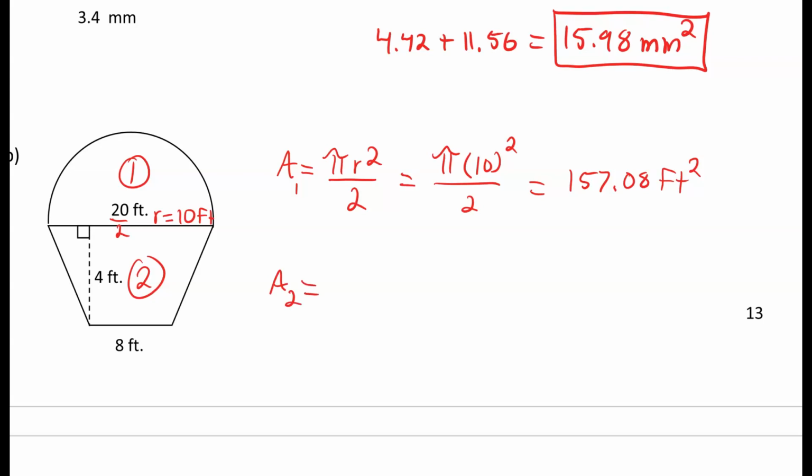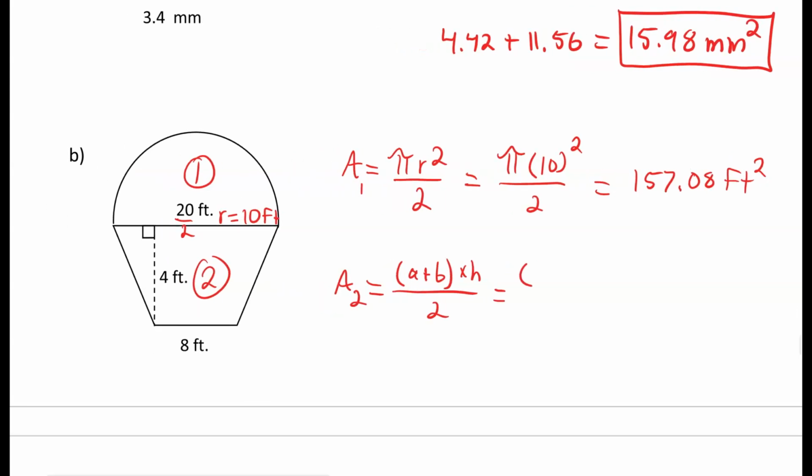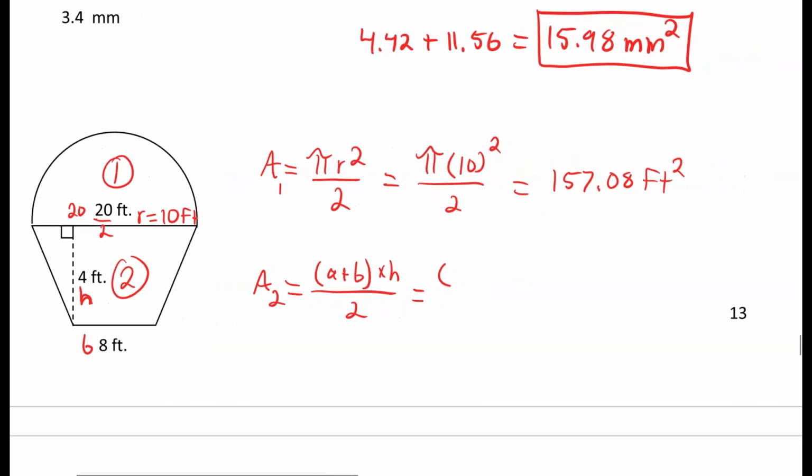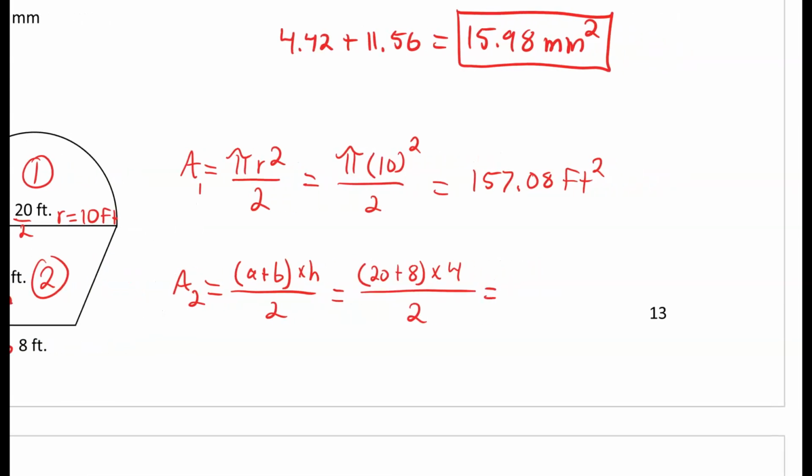Area 2, we have a trapezoid. So we're using A plus B multiplied by the height and then divided by 2. So A is going to be 20, B is going to be 8, and H is going to be 4. So we have 20 plus 8, close that bracket, multiplied by 4, which is our height, and then we're dividing it by 2.